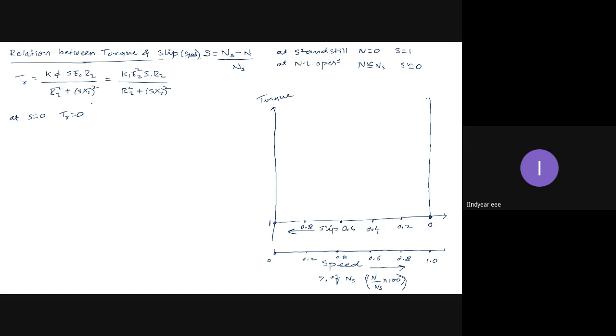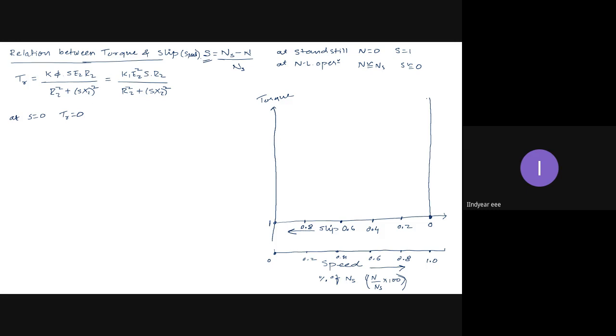Okay. What does this mean physically? When n becomes equal to ns, slip becomes 0. What does this mean, n becoming ns? The rotor has caught the synchronous speed.